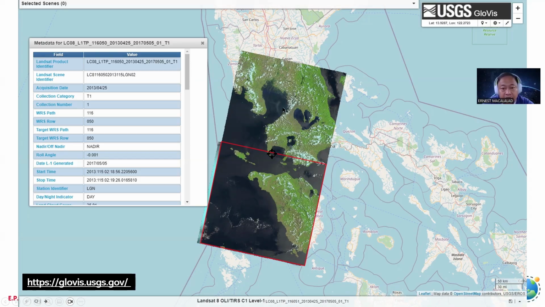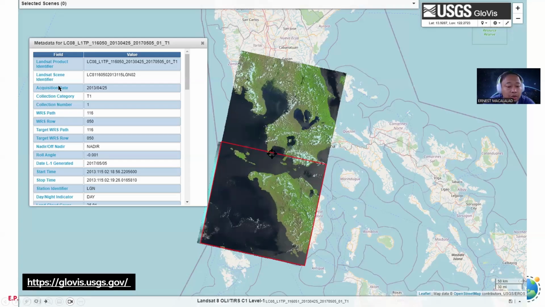And previously, that's the image of Southern Luzon. This is Taal Volcano Island. This is Laguna de Bay. Here is the National Capital Region, Manila Bay.